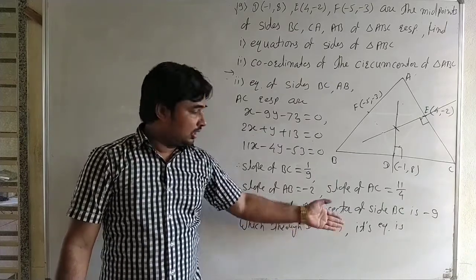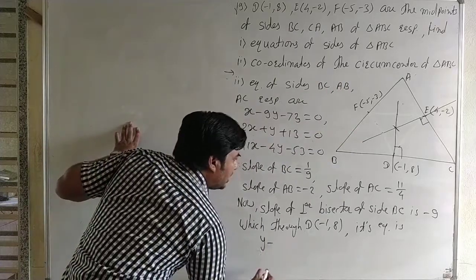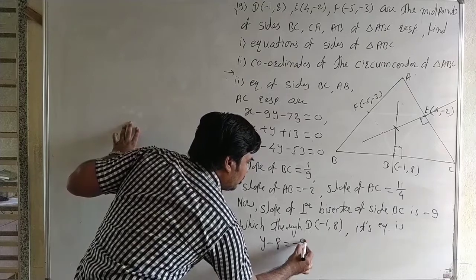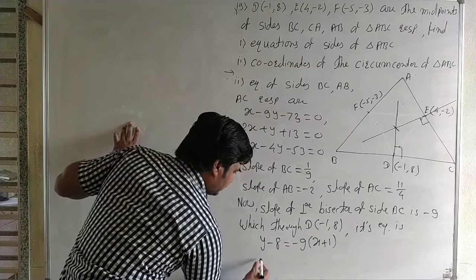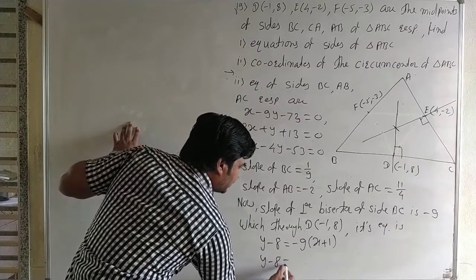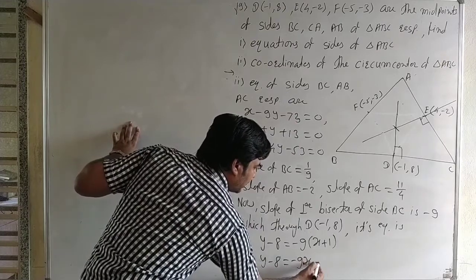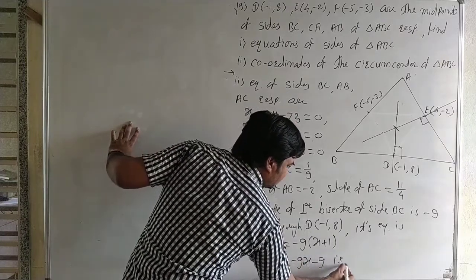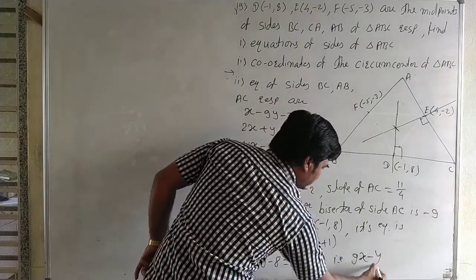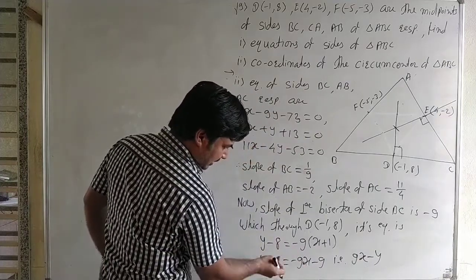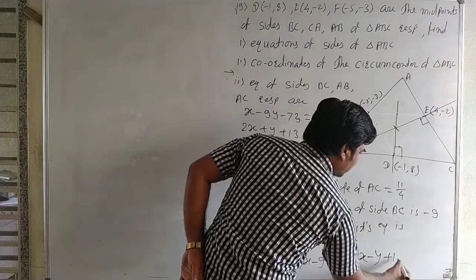Therefore its equation, that means the equation of the perpendicular bisector, is y minus y1, that is 8, equal to slope into x minus x1, that is x plus 1. Then this can be written as y minus 8 is equal to minus 9x minus 9. That is, 9x plus y, and minus 8 minus 9 becomes plus 1, therefore it is 9x plus y plus 1 is equal to 0.